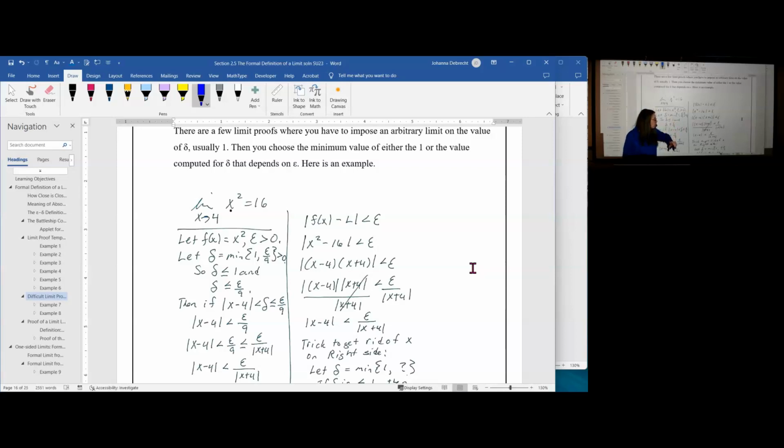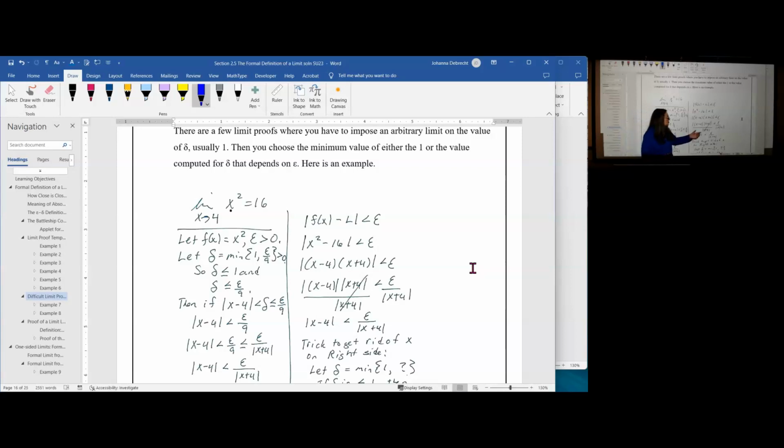Remember, my goal is to get an x minus 4 in absolute value less than something. I know if I factor x squared minus 16, it has a factor of x minus 4. So I'm going to go ahead and factor that difference of 2 squares. Now I need to isolate the absolute value of x minus 4 on the left, which means this x plus 4 factor must move.